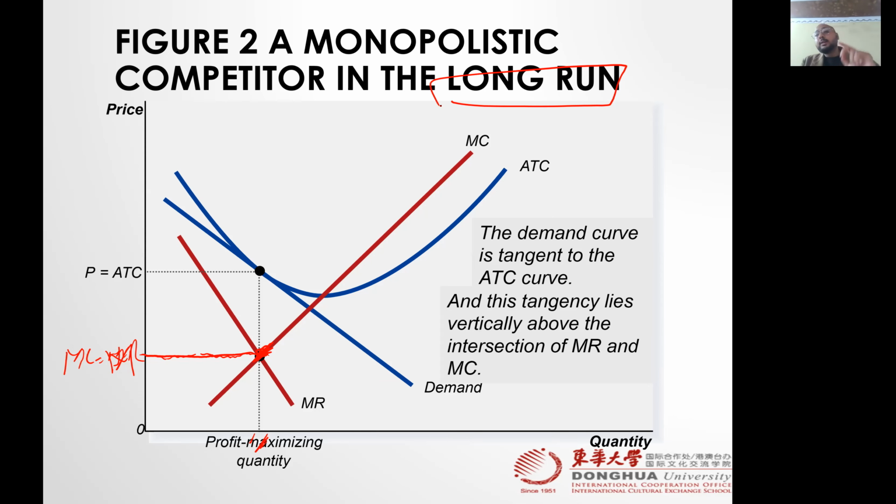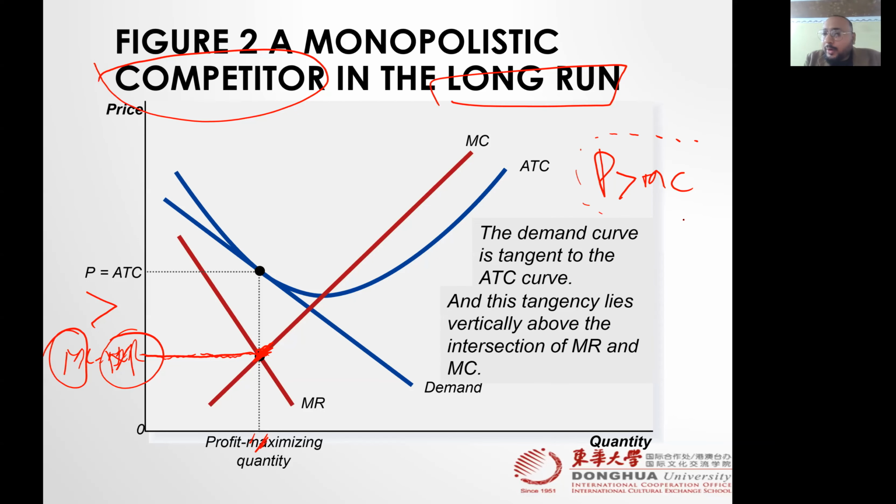In the long run, the monopolistically competitive firm behaves like a competitive firm with two significant differences. Number one, price is greater than marginal revenue and marginal cost, or you can say that price is greater than marginal cost. All right. So isn't it the condition for monopoly we talked about over there? Monopoly earns profit for the long term, right?